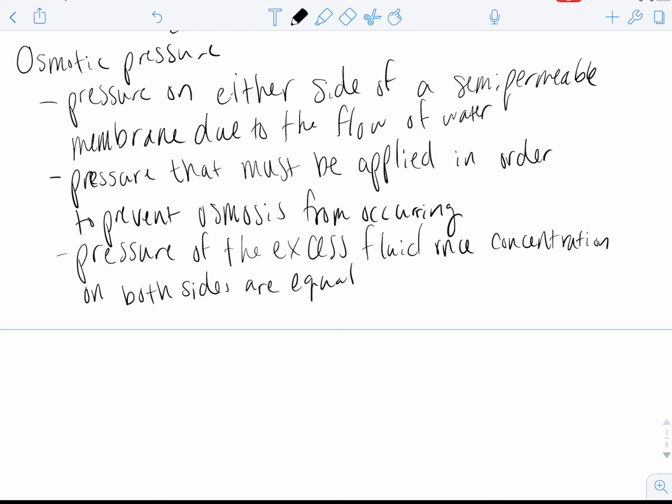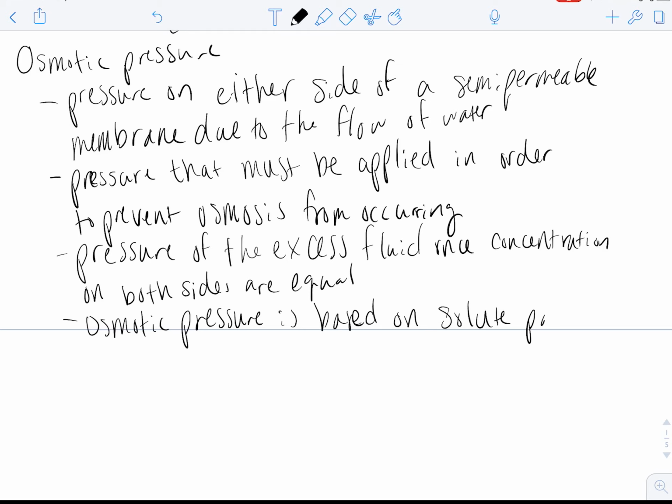But just note that osmotic pressure itself is based on our solute particle concentration. And the greater our solute concentration, the greater our osmotic pressure.